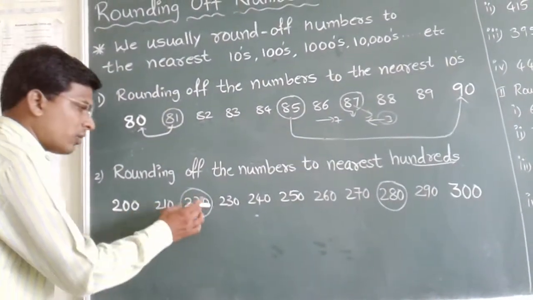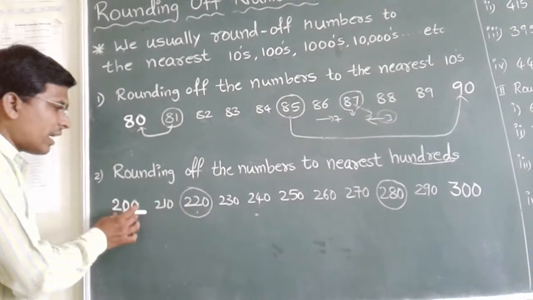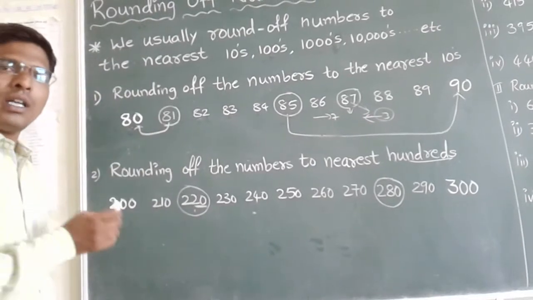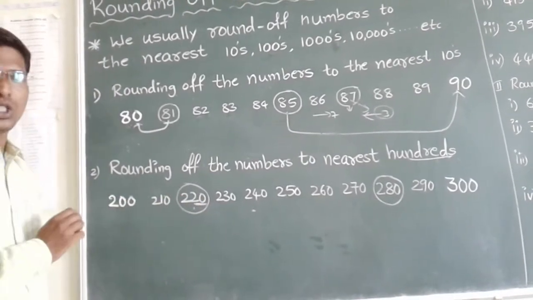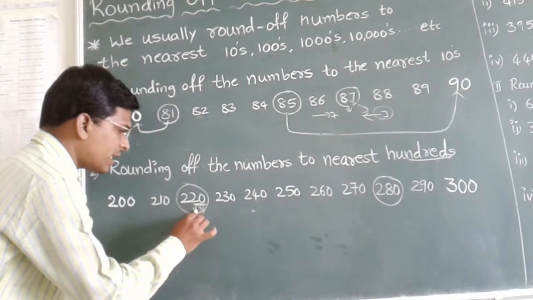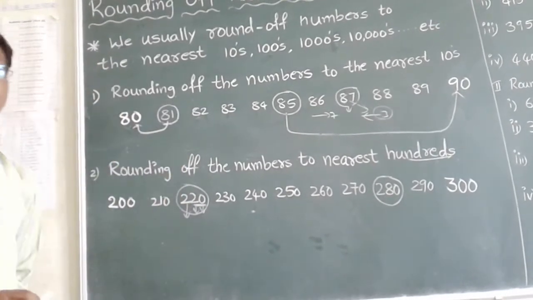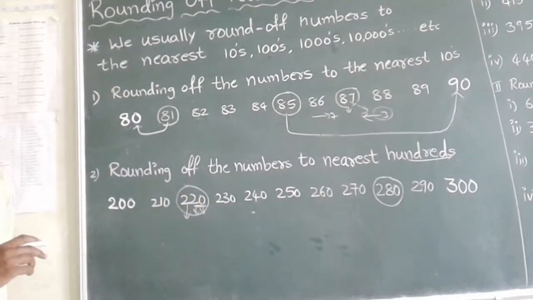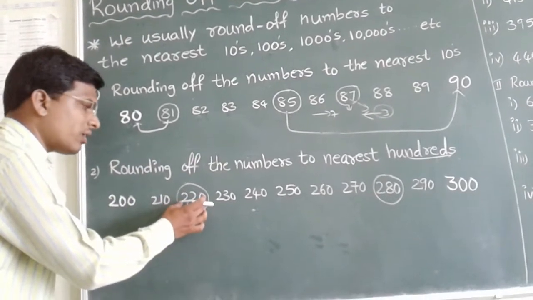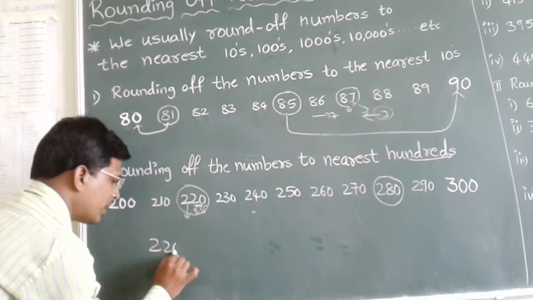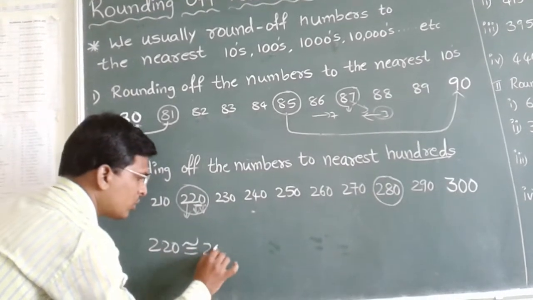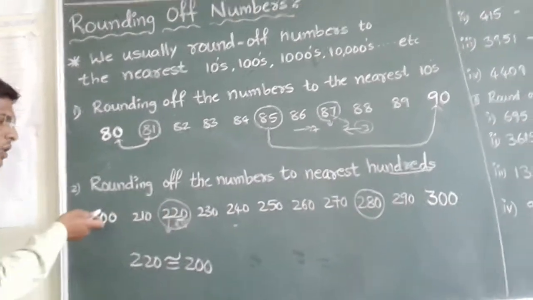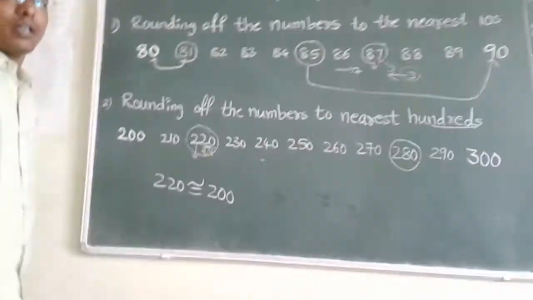If you round off 220 to the nearest hundreds, we are not rounding off to the nearest tens, we are rounding off to the hundreds position, after the ones position and tens position. So 220 we can round off to 200, because 220 is nearer to 200 than to 300.